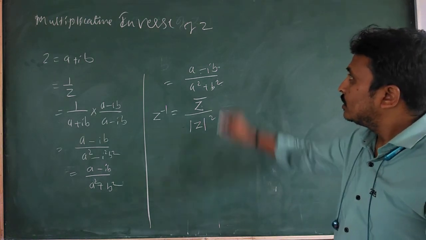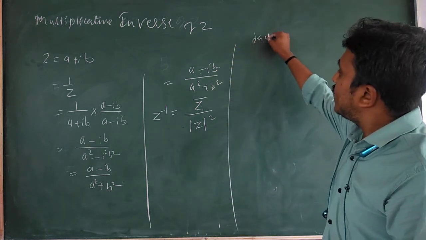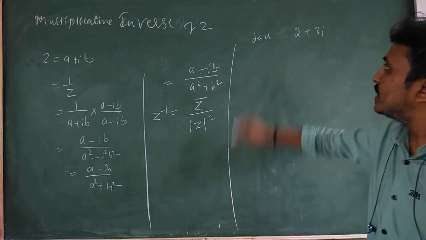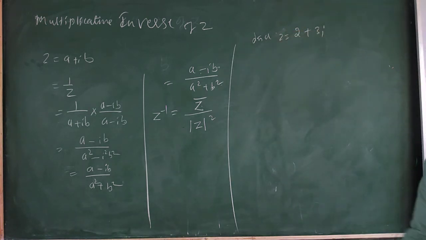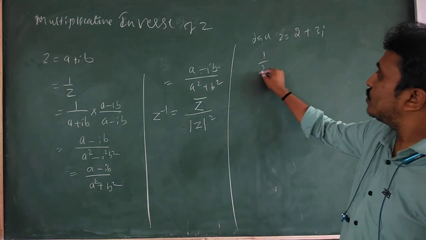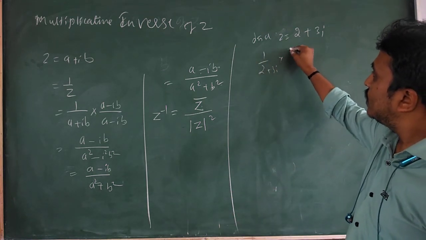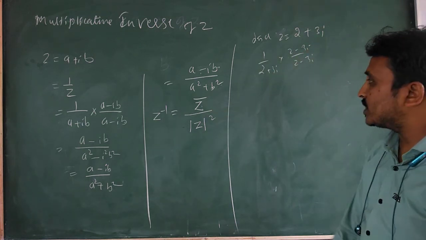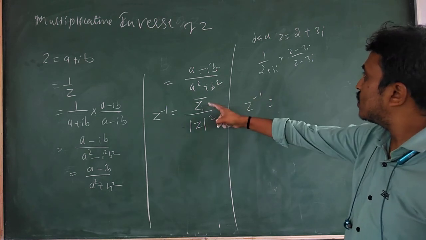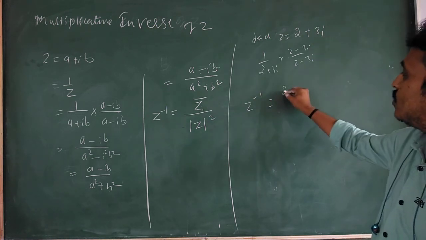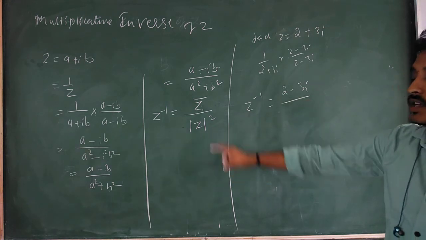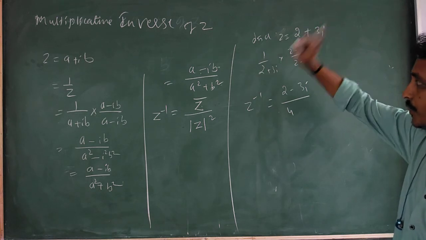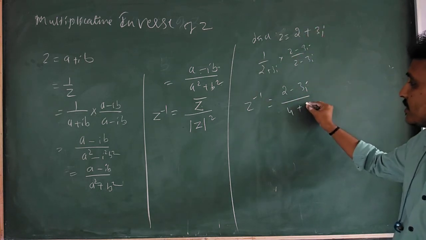Let us find one example. Find the multiplicative inverse of 2 plus 3i. If z equals 2 plus 3i is given, we can directly do 1 divided by 2 plus 3i into 2 minus 3i divided by 2 minus 3i, or directly substitute: z inverse equals conjugate of z, which is 2 minus 3i, over modulus of z square. Modulus of z square is a square, that is 4, plus b square, that is 9.